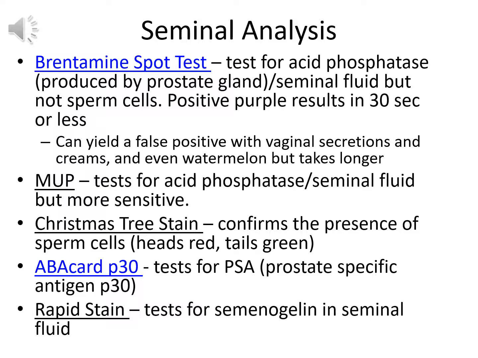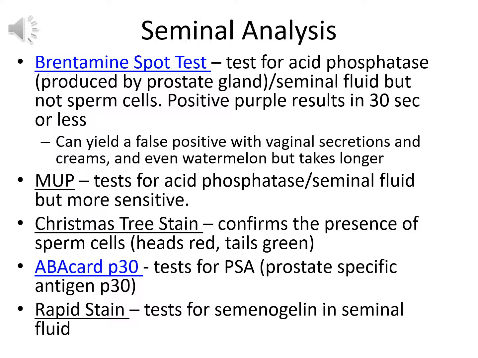MUP also tests for acid phosphatase like the Brentamine, but it's more sensitive. Christmas tree stain is a test that confirms the presence of sperm cells. The heads are red and the tails are green, which is why it's called Christmas tree. But again, it's possible that the semen doesn't have any sperm in it if the male's aspermatic or oligospermatic or has had a vasectomy.